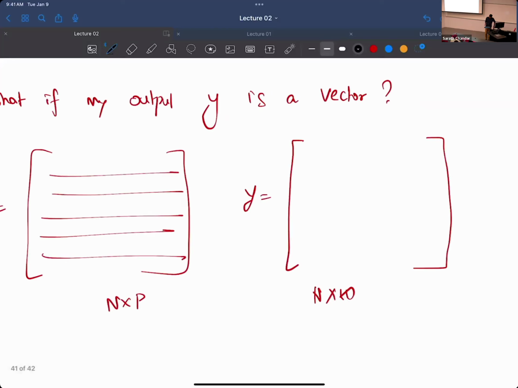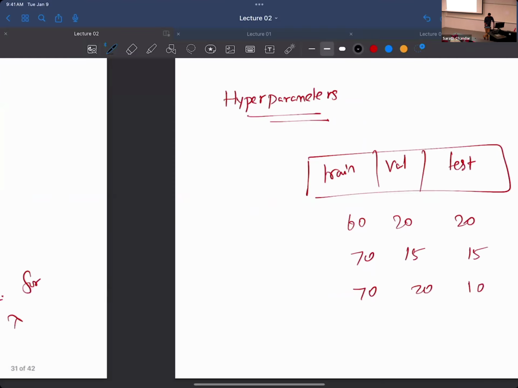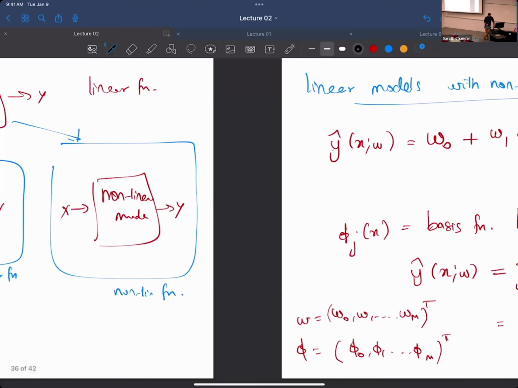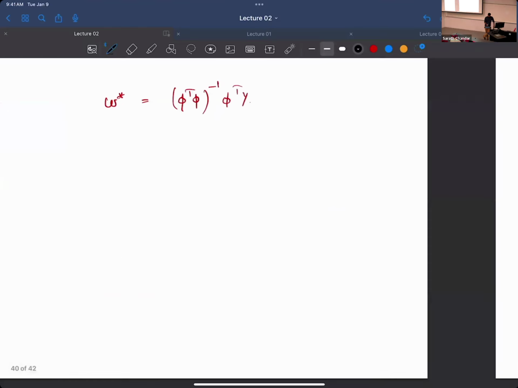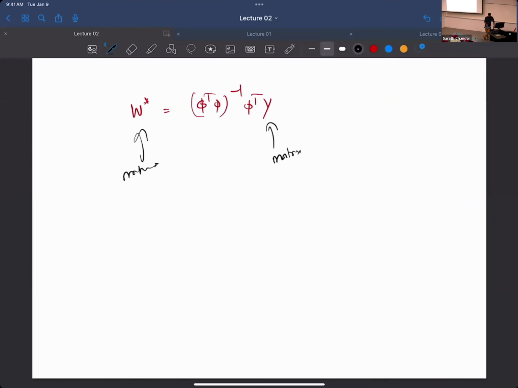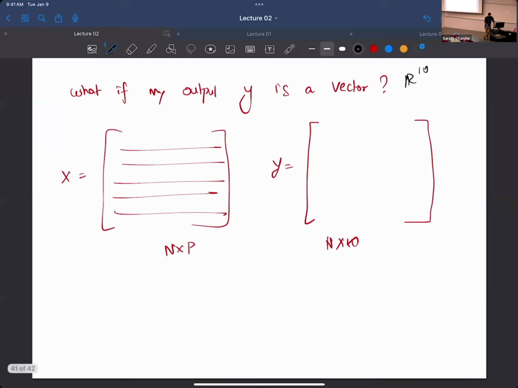Okay. So the size of Y, if your output is a 10-dimensional vector, then Y is n cross 10. So your X is n cross P, Y is n cross 10.